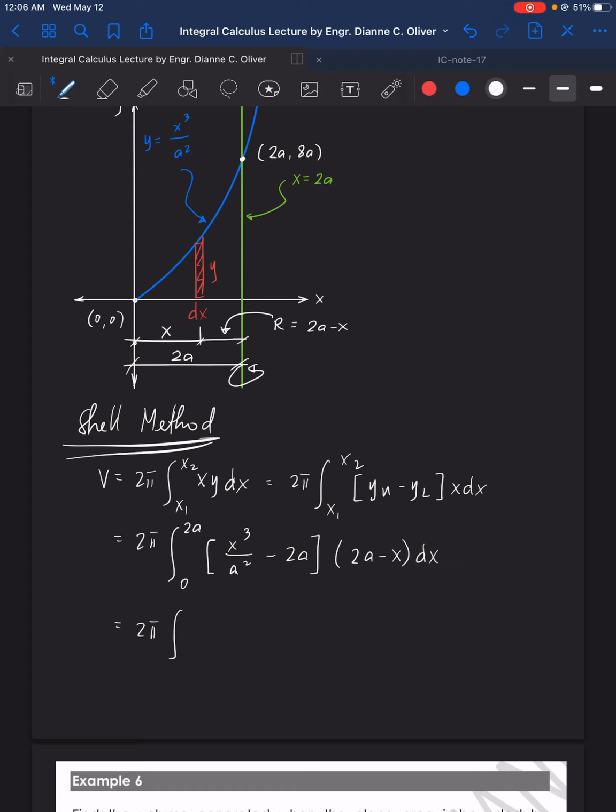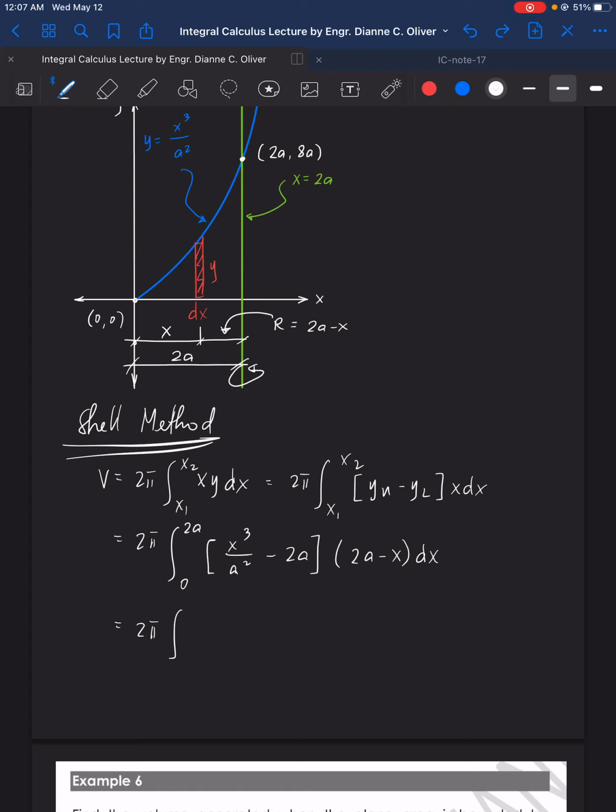This is very important because if you become used to just using x dx or y dy and forget the principle on how we derive the formulas, then you might get the wrong answer. So the reason why 2a minus x here instead of x is that we are taking the radius of the shell that is formed.